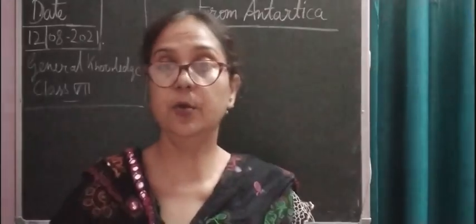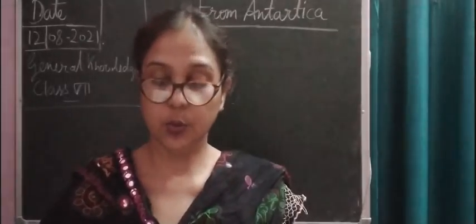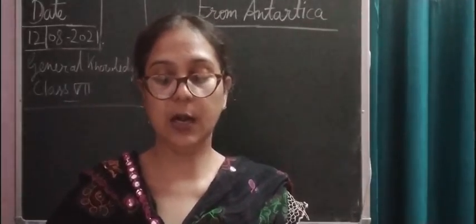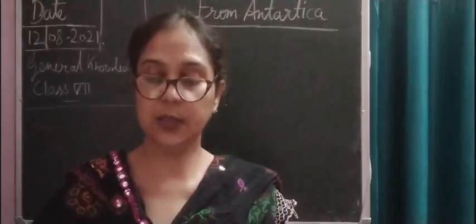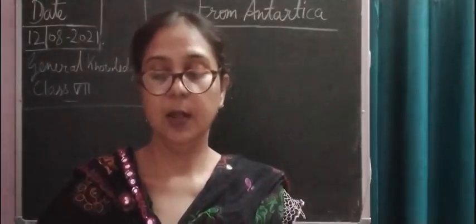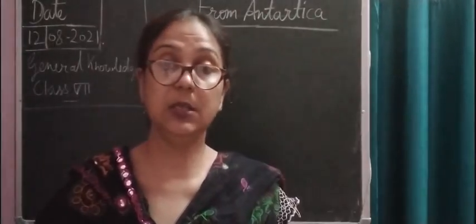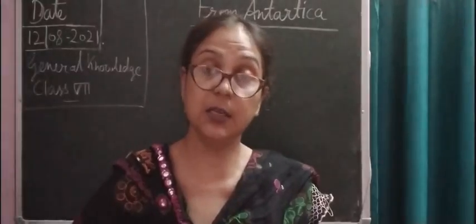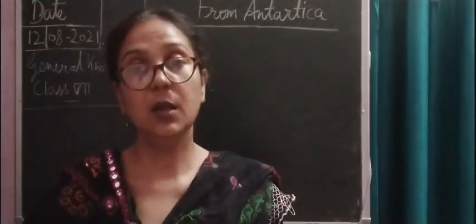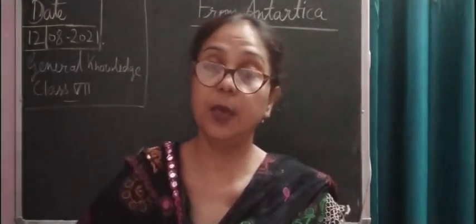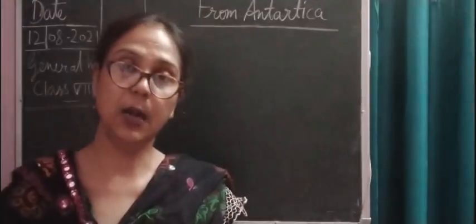We will discuss penguins also. After that we will discuss whales commonly found in Antarctica: blue, sei, humpback, minke, fin, sperm and killer whales. So this variety of whales we will discuss in this video. Children, let's start our class. Today's topic is Antarctica.